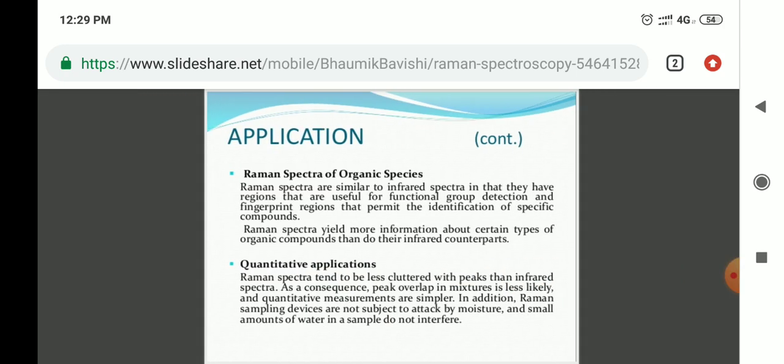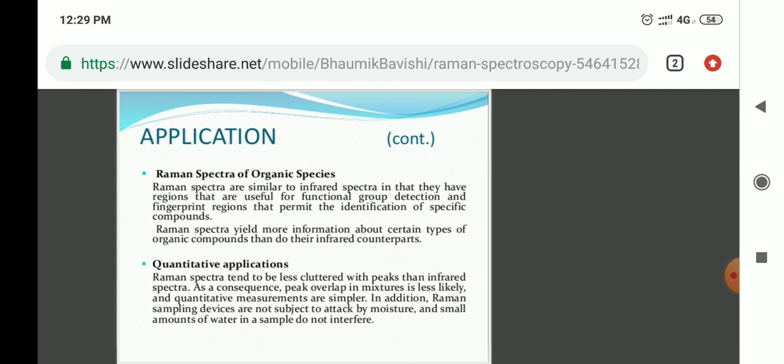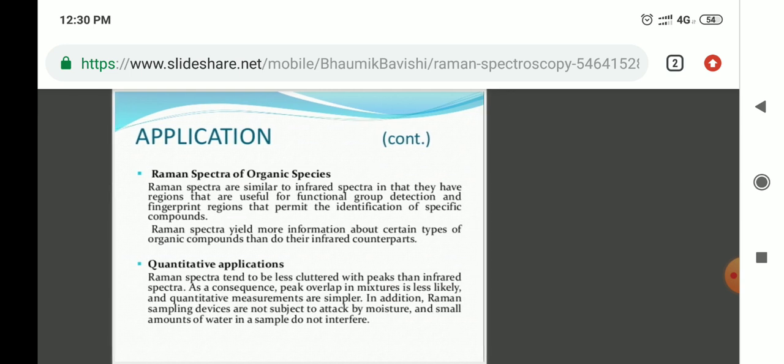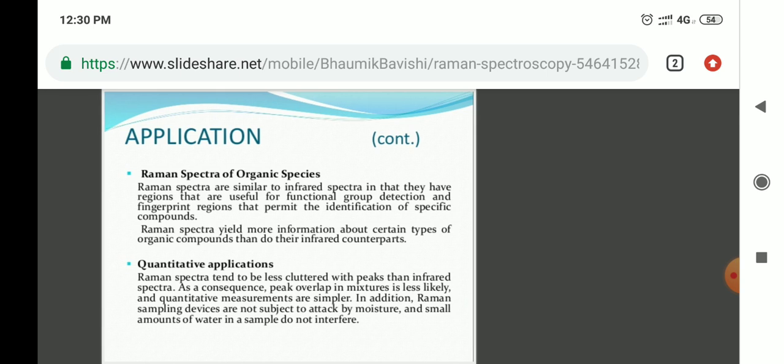Next application is Raman spectra of organic species. Raman spectra are similar to infrared spectra in that they have a region that is useful for functional group detection and a fingerprint region that permits the identification of a specific compound. Raman spectra yield more information about certain types of organic compounds than do their infrared counterparts.